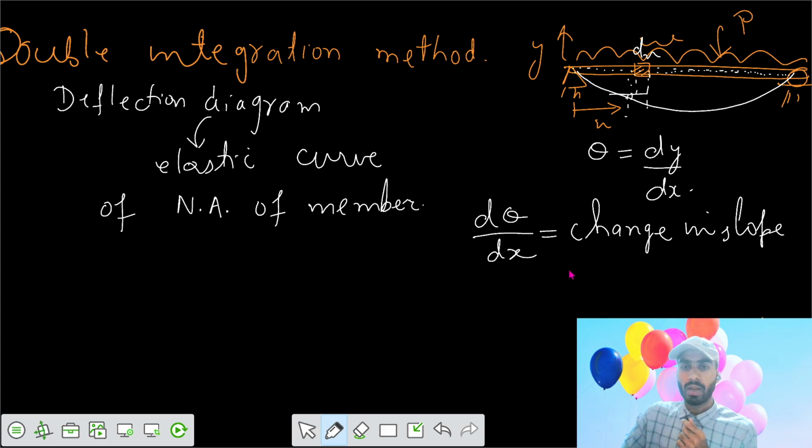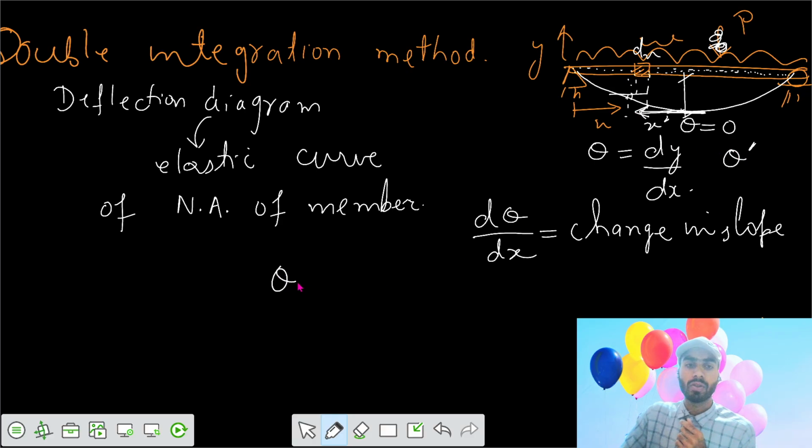If there was only UDL, the maximum deflection is at the mid, and the slope here is theta equals 0. Then if we go from the mid towards either side, at any place x dash there is some theta dash.